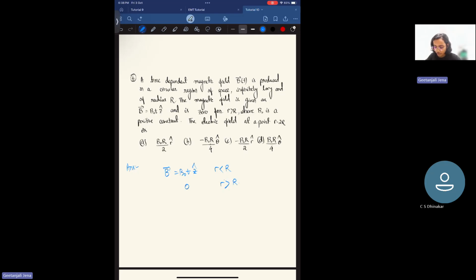So you need to find out what is the electric field at a point r equal to 2R.